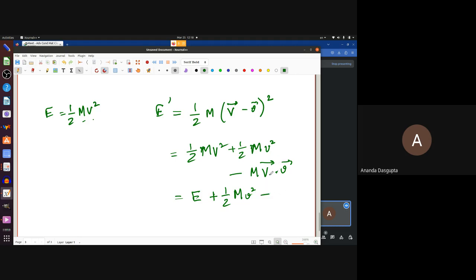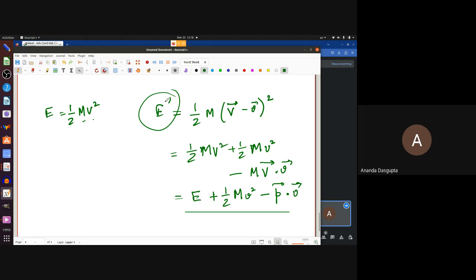Now what is this quantity Mv? It is the momentum as seen in the original frame. So this is the way energy transforms. In fact, we figured it out by saying the kinetic energy of a point particle transforms in this way.